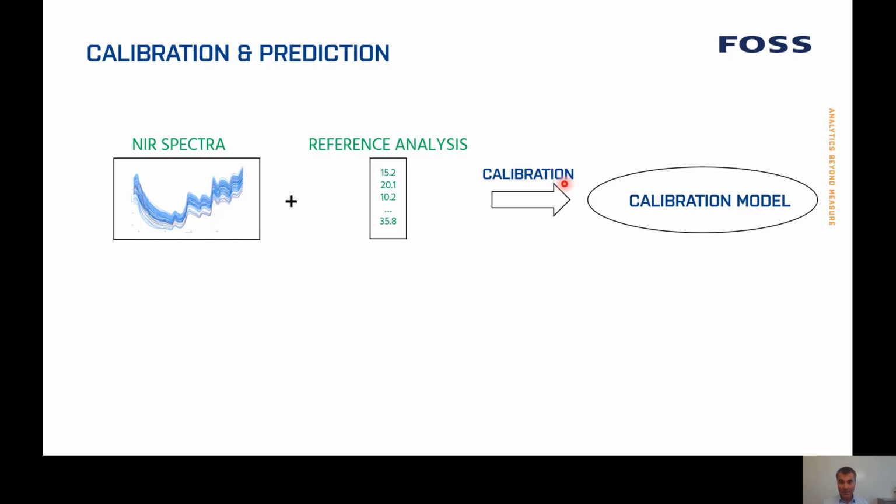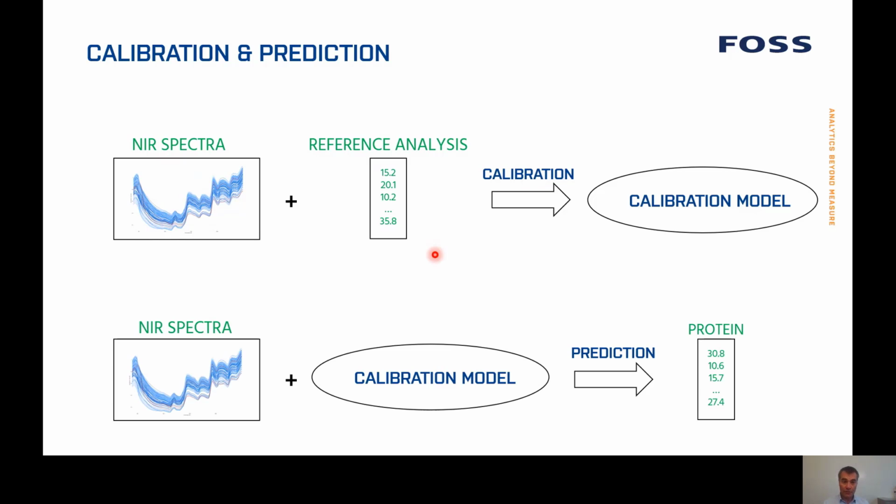The whole purpose and idea of doing calibration and developing a model is that we can use this model for future use. So we only have to record the near-infrared spectra of unknown samples, apply the calibration model, and then we get a prediction of the protein content. This secures that we can do this very fast.